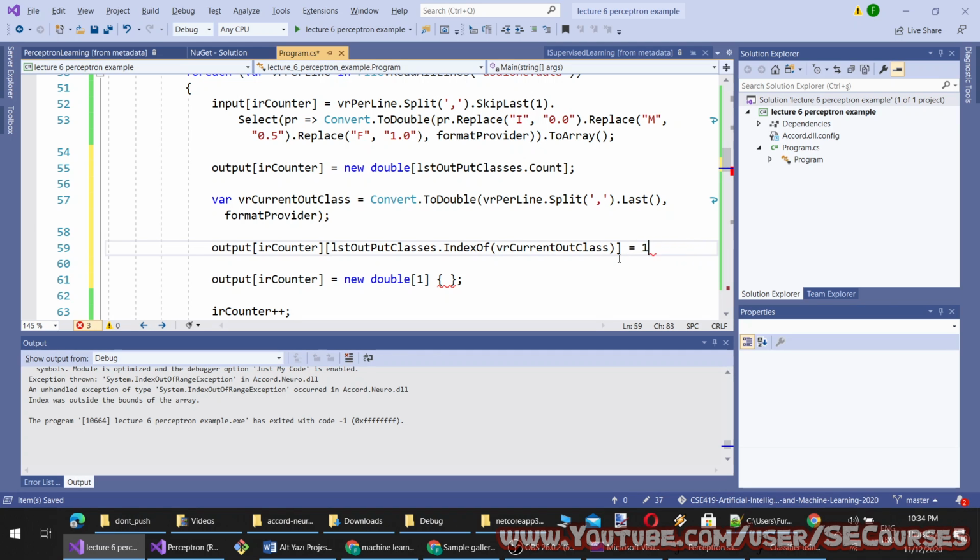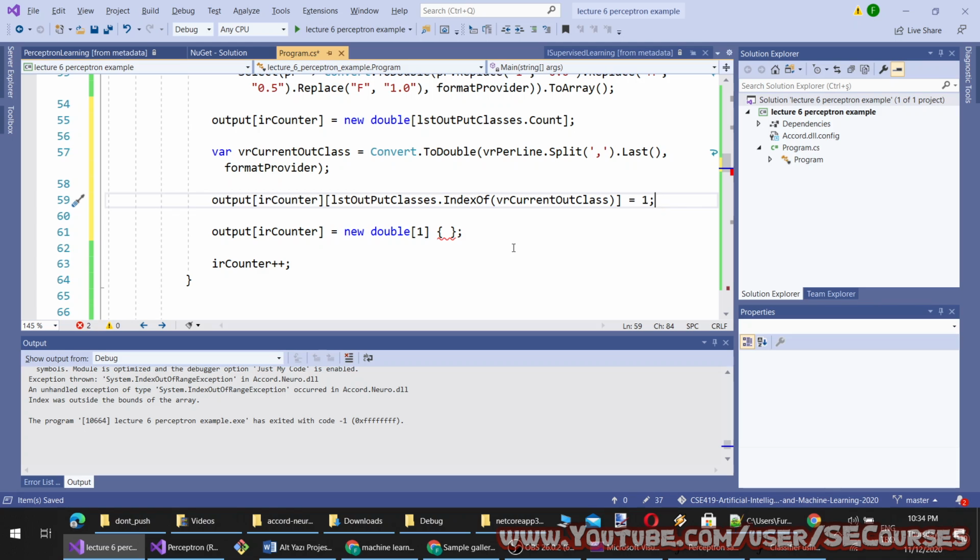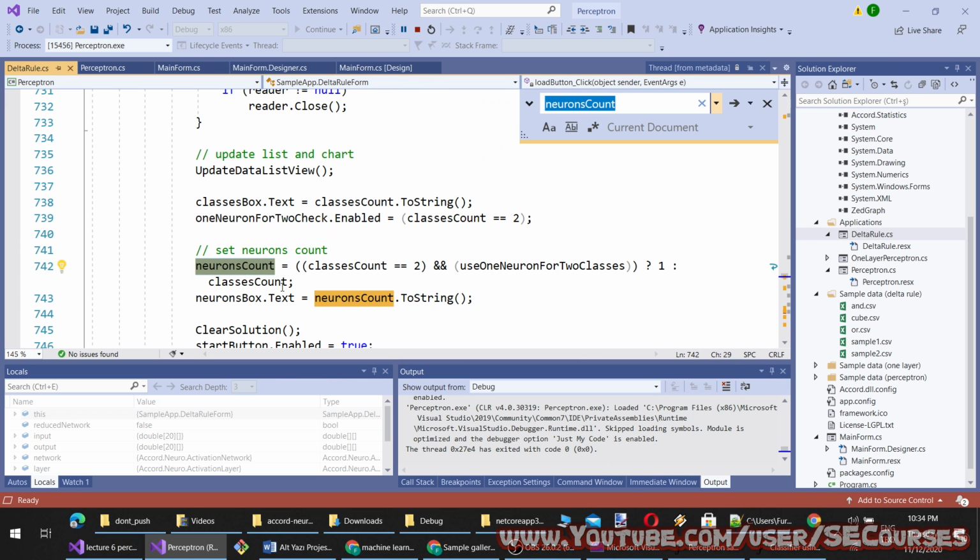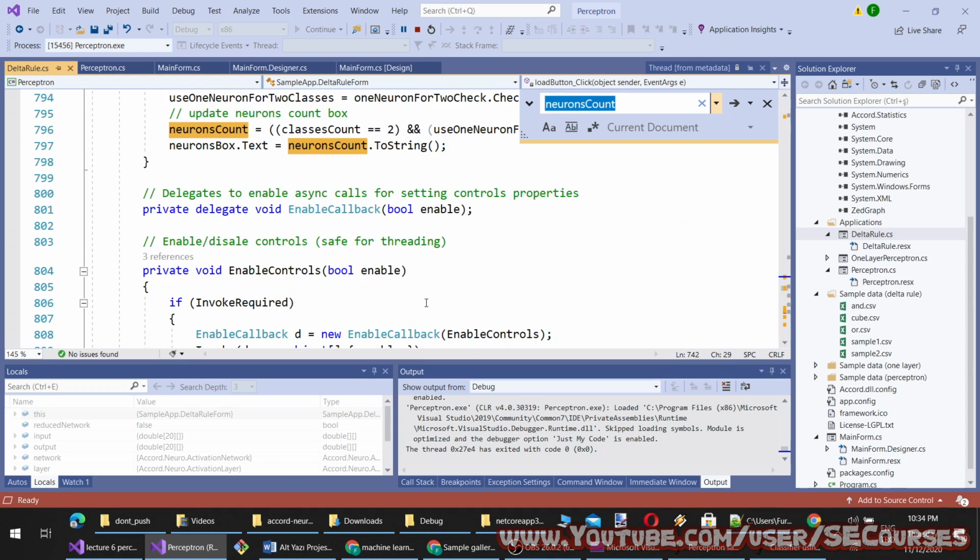Okay. Is this the correct way? But I am not sure.